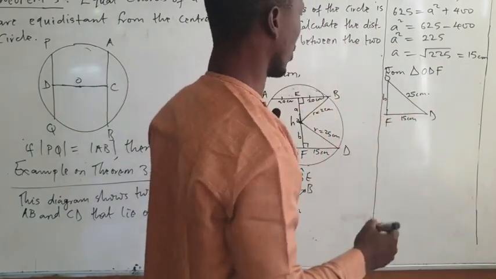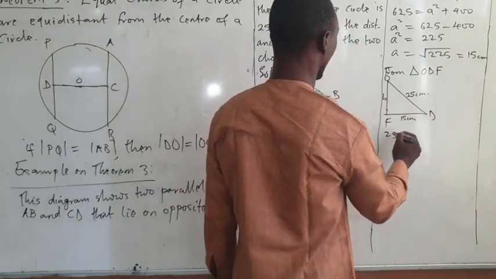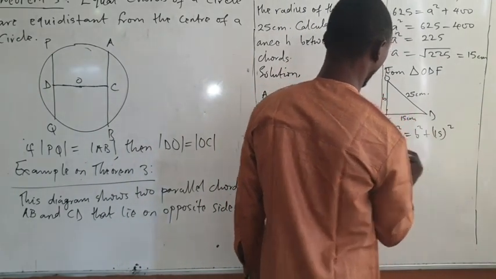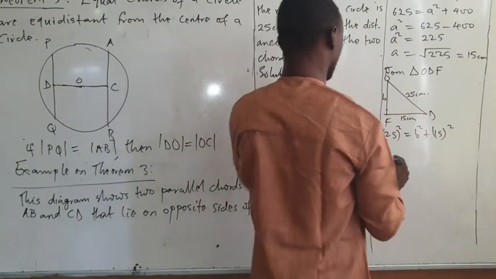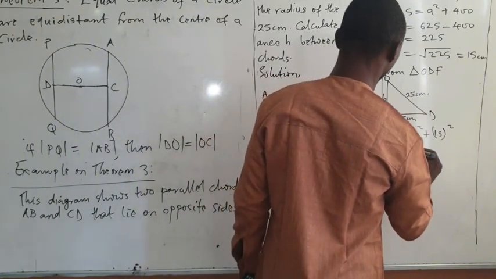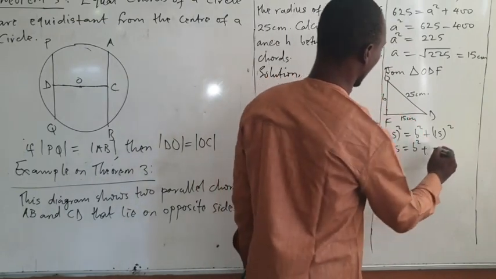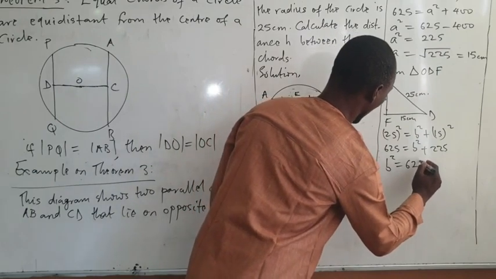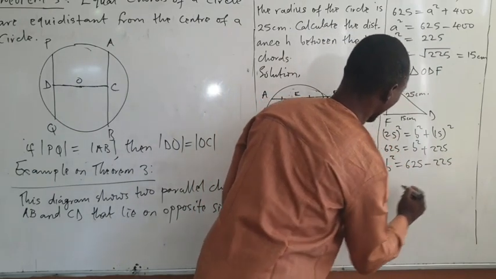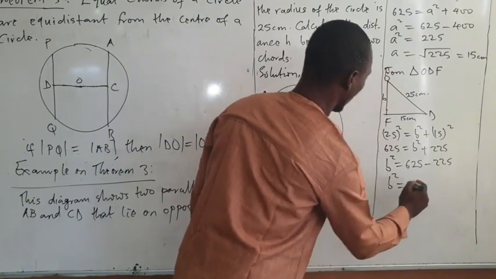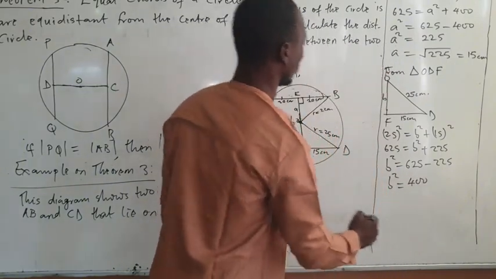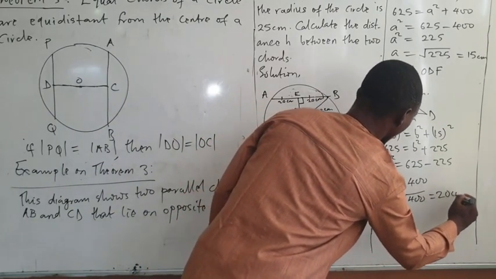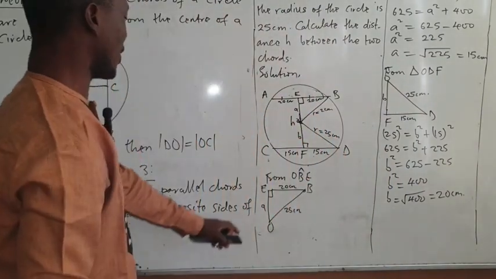We are going to make use of Pythagoras theorem as well, which is 25 squared equals b squared plus 15 squared. So 25 squared is 625 equals b squared plus 15 squared, that is 225. So b squared equals 625 minus 225. So b squared equals 400. So b is the square root of 400, which is 20 centimeters. So small b is 20 centimeters.